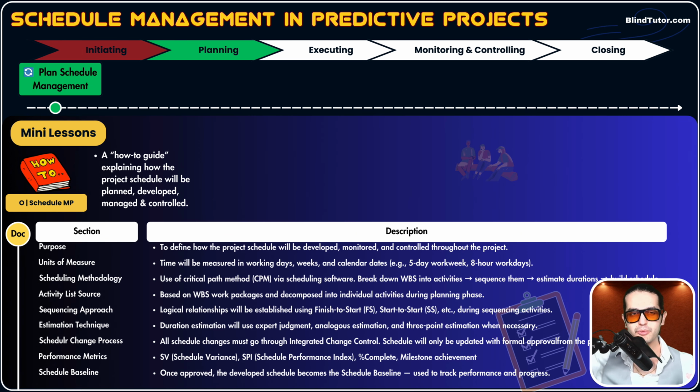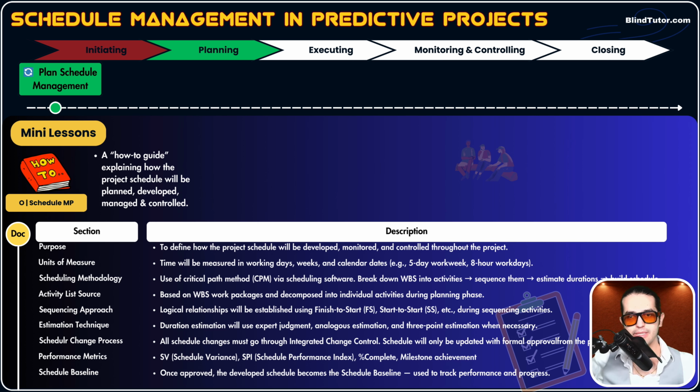But the method, the approach, the software are all mentioned in a schedule management plan. The next section could be activity list source. Where do we find those activities that we need to define, sequence, estimate? We find these activities by breaking down work packages, for example. This is mentioned on how to get those activities. The next section could be sequencing approach.